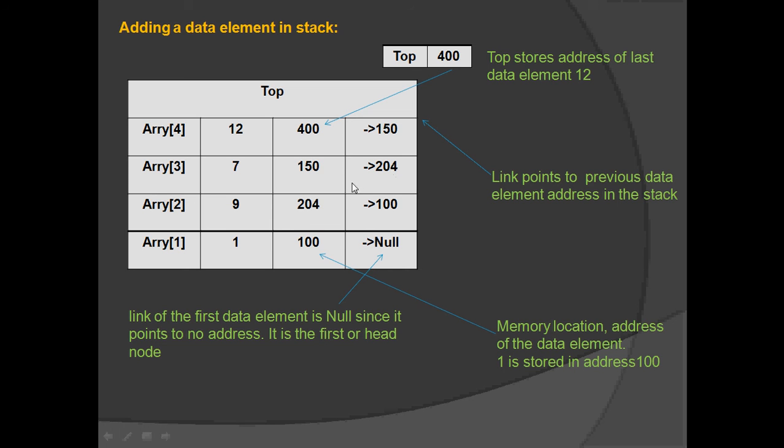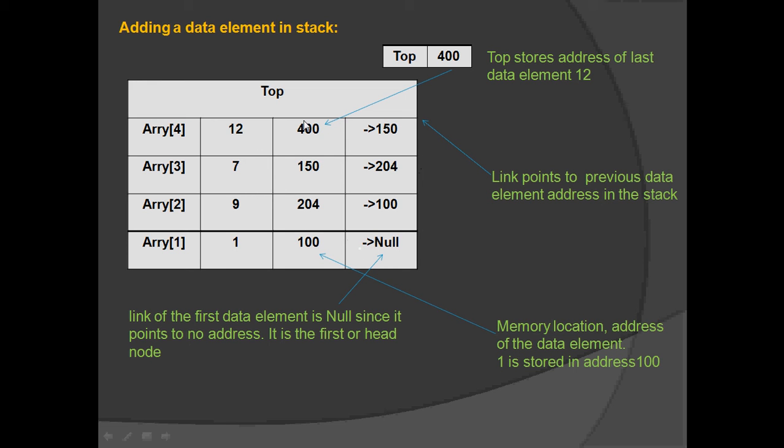As you can see, the previous links are attached. The last one entered has the actual address 400, but its link contains the address of the previous element, number 7. Clear? This way you link one to the other.